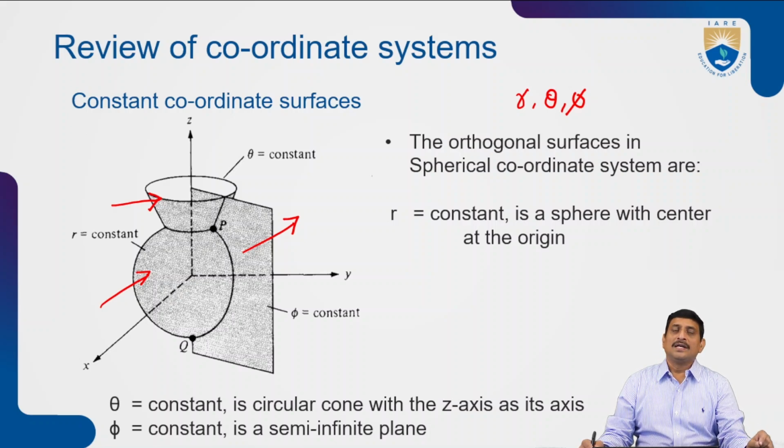Therefore, a point in a spherical coordinate system is the intersection of a circular cone, a sphere and a semi-infinite plane. So these are the three mutually perpendicular constant coordinate surfaces in the spherical coordinate system.